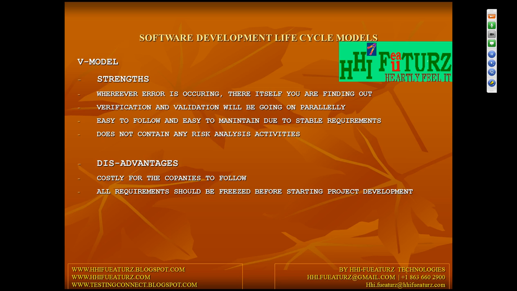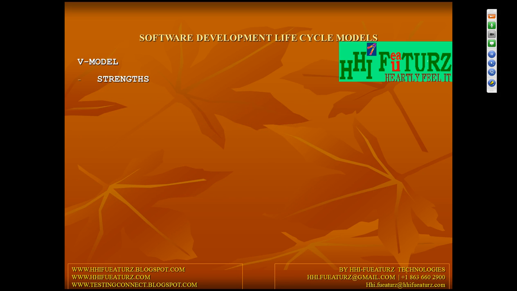So the company may have to pay salaries to a larger number of resources. That is a major drawback of your V model. And even for the V model, before starting the project we should have all the requirements. So these are the drawbacks of your V model.